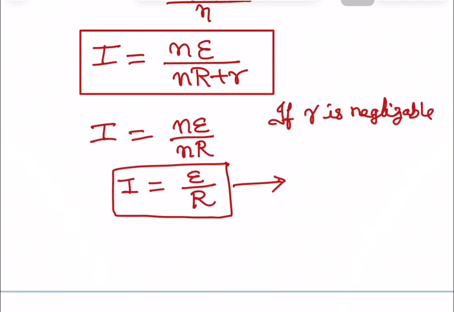Then what do you think is the reason for connecting so many cells in parallel? If they send the same current as a single cell, 1.5 volts sends the same current, and if 1.5 volt cells are connected in parallel, that also sends the same current, then what is the use of connecting 10 cells in parallel?